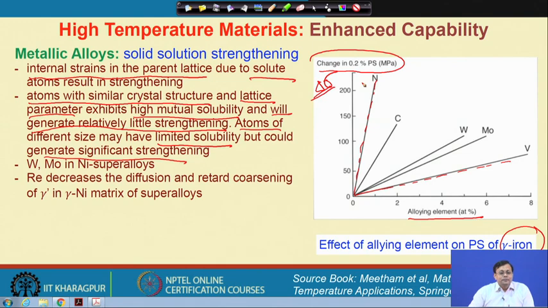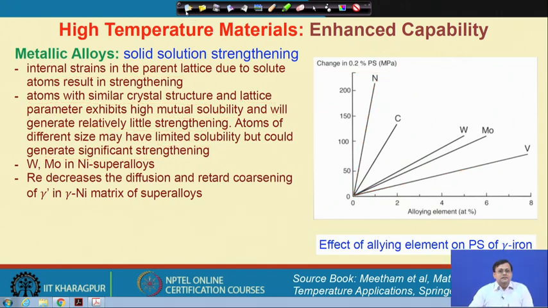Now, in case of nickel based superalloy, it is very common to add tungsten and molybdenum. Tungsten and molybdenum are added purposely in order to enhance the strengthening by solid solution strengthening. However, these days rhenium is also added, which has a different effect, not only solid solution strengthening, but it also decreases the diffusivity and retards the coarsening effect.